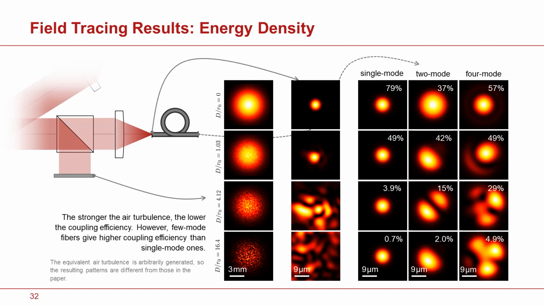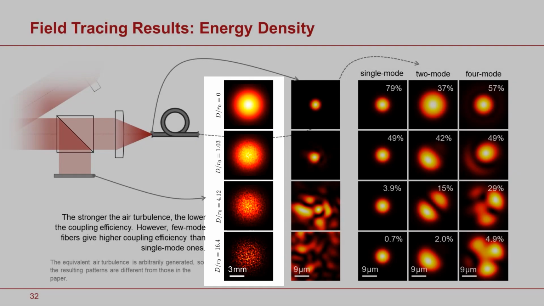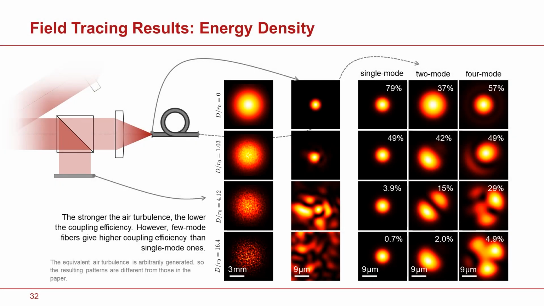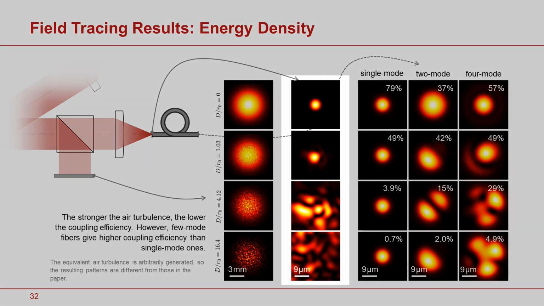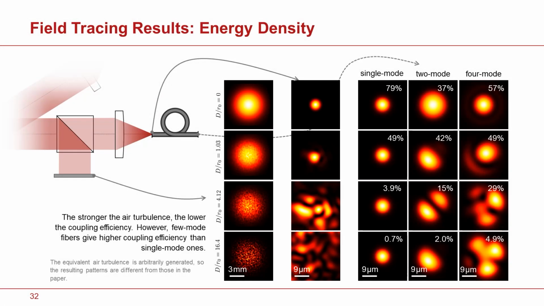We can see, going downwards on this panel of results, these results are generated with VirtualLab Fusion 2021.1. Moving downwards, what we have is an increase in the strength of the atmospheric turbulence. Then the leftmost column corresponds, as indicated by the arrows on the page, to the scattered field by the air turbulence. Then the second column corresponds to the entrance of the fiber.